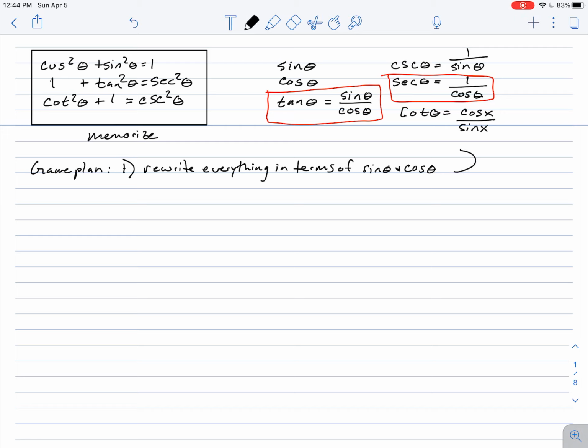That would be done using these formulas up here. That's one thing that often works. The second thing that you can try is to add fractions. Yep, we never get away from it. You thought you were done with fractions, but no, they're back. Sometimes adding fractions causes things to simplify, cancel, fall out. The third thing that sometimes happens is you can factor something. And the fourth option is using the Pythagorean identities.